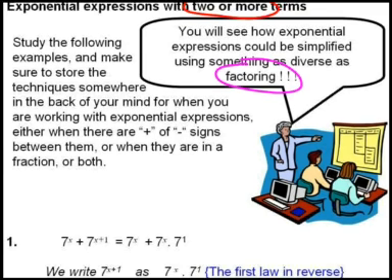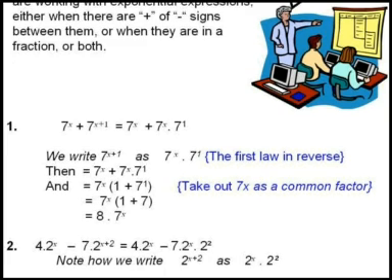The first example that we will look at is 7 to the power of x plus 7 to the power of x plus 1. Remember that 7 to the power of x plus 1 can be written as 7 to the power of x times 7 to the power of 1, which is simply the first law in reverse.